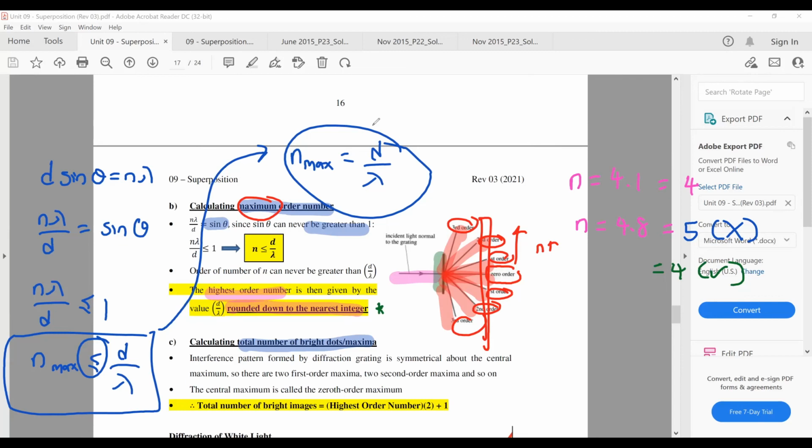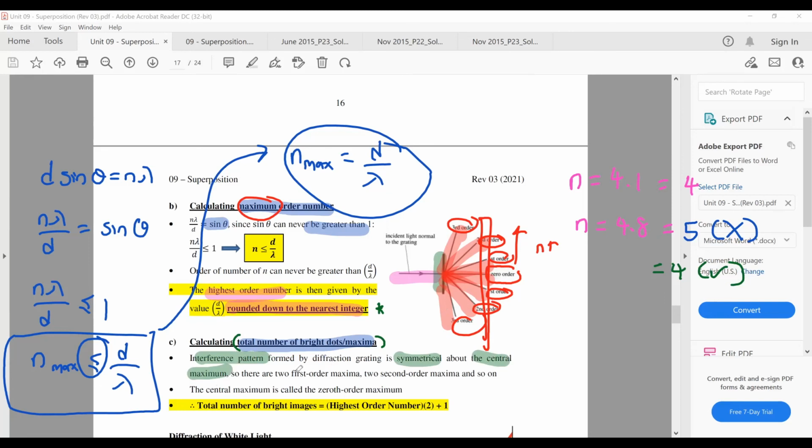All right, then the last one that I just need to mention before I end the class for you is that sometimes rather than finding maximum order number, they will ask you to find the total number of bright dots or maxima. So remember, one of the first things that I mentioned to you just now was that the interference pattern that is formed is usually symmetrical about the center line or the central maximum.